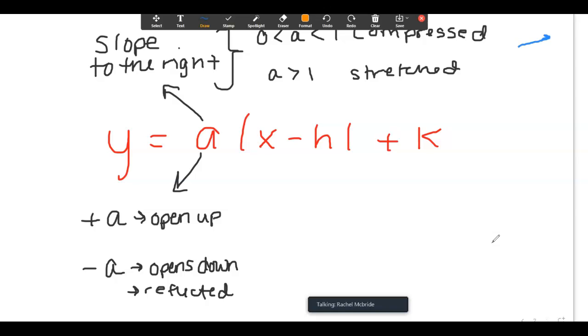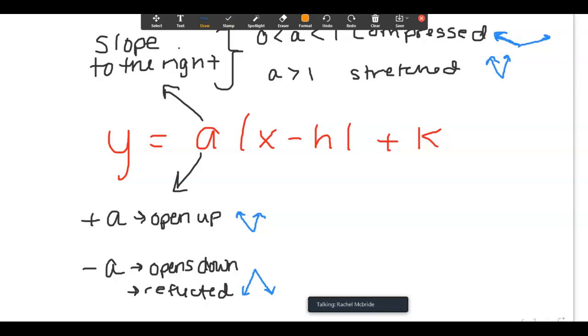So a compressed graph is really wide. A stretched graph is really narrow. An A value that opens up will look like a normal V, and an A value that opens down will look like this. Again, those are key features of that graph you can get just by looking at A.